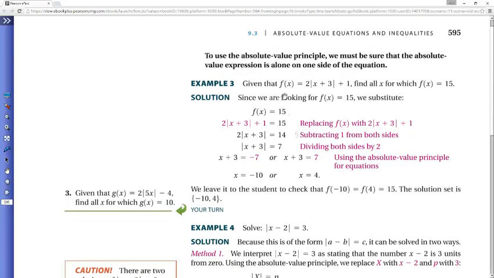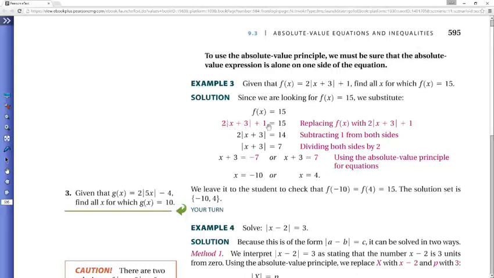When I have this function f of x equals 2 times the absolute value of x plus 3, plus 1, we find all x for which f of x is equal to 15. So in other words, I put in 15 for f of x, and that's what they show here. Here is something I can solve for x.